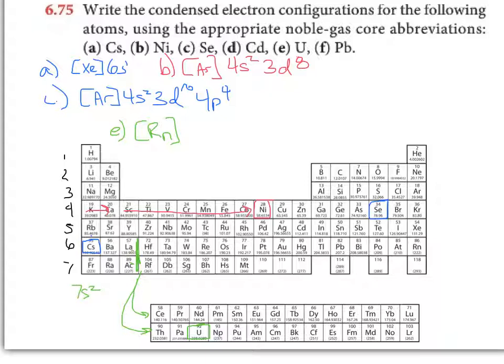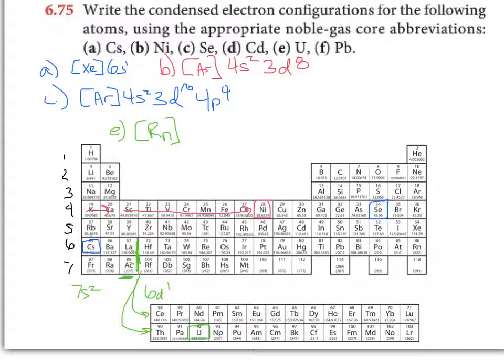Do I have to go into the d block at all? Yes. I have to go 1 space into the d block because I have to go through number 89. What's the number of that d block? Yeah, since it's 7s, that's 6d, so I'm going to get a 6d1 from there.